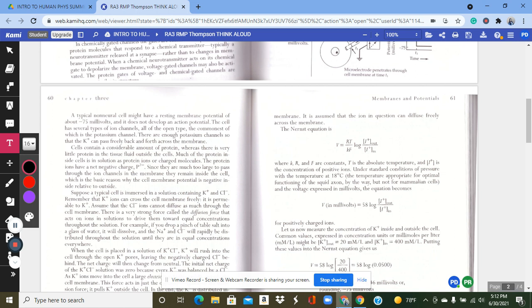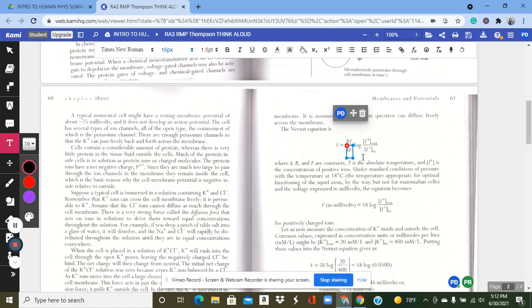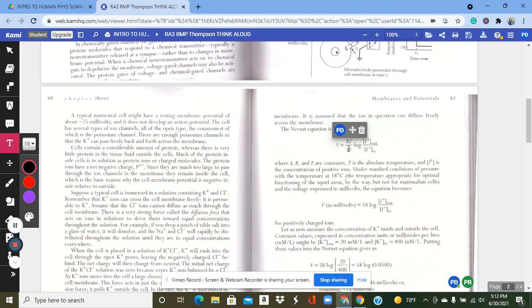Okay, so Z, also known as K in this case, I think this is the valence of the ionic species.